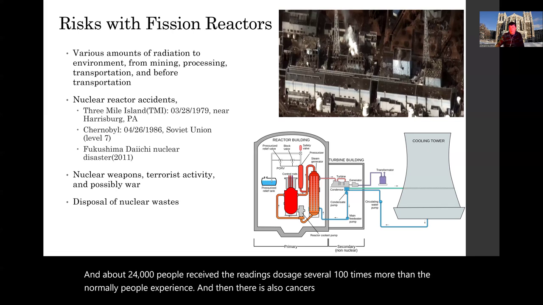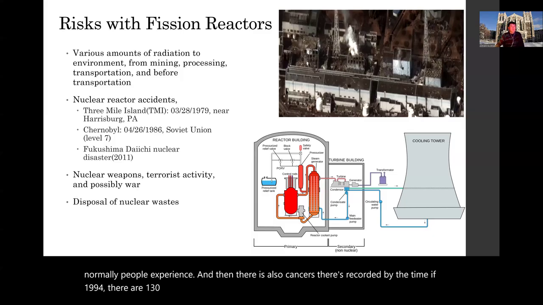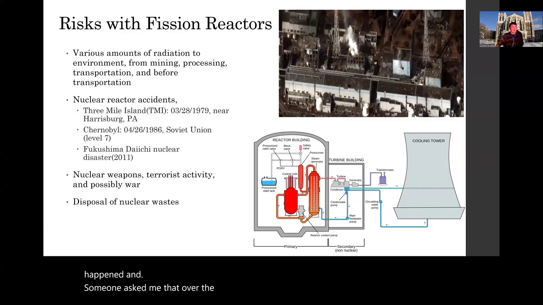By 1994, 132 new thyroid cancer cases had been recorded, and so forth. It's terrible, one of the worst things that happened. Someone told me that over the next 50 years it will have been responsible for 16,000 deaths worldwide. This is one of the worst problems.